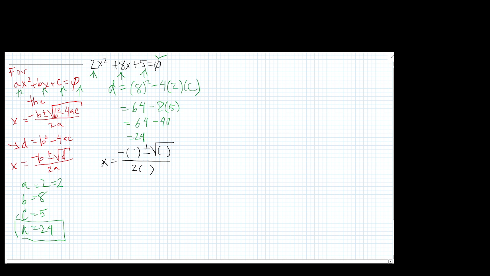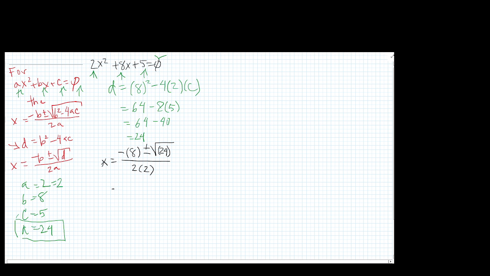And what is our b? It's 8. And our d, remember our d is right there, 24. And our a is 2. Okay, b, d, and a.